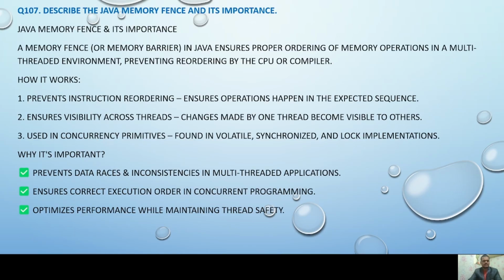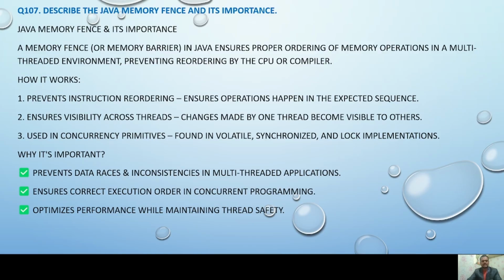Next question. Describe the Java memory fence and its importance. A memory fence or memory barrier in Java ensures proper ordering of memory operations in a multi-threaded environment, preventing reordering by the CPU or compiler. How it works?